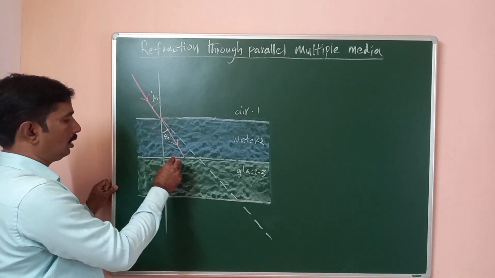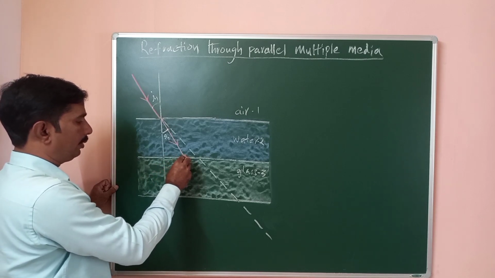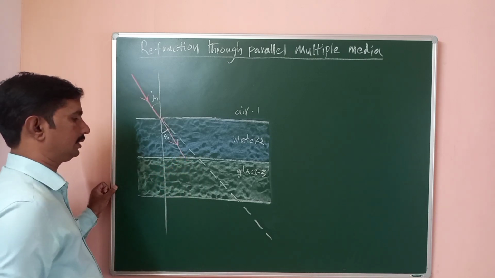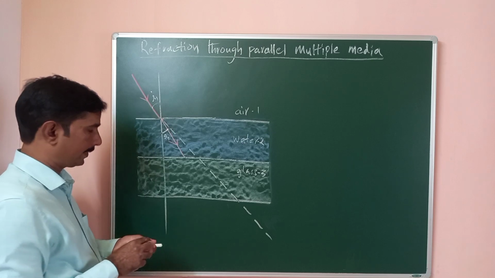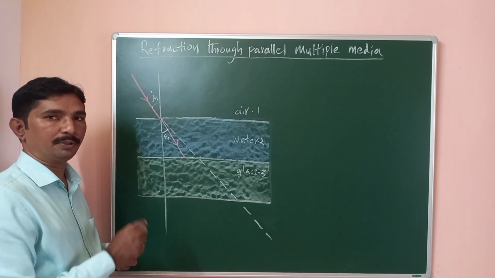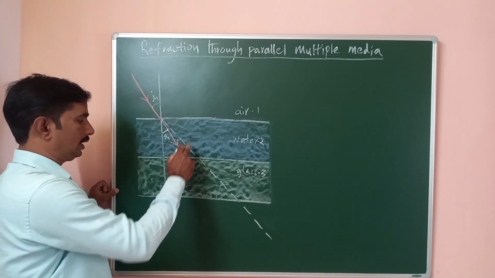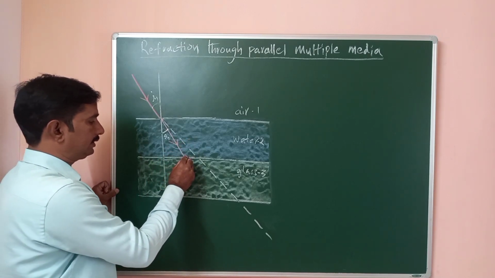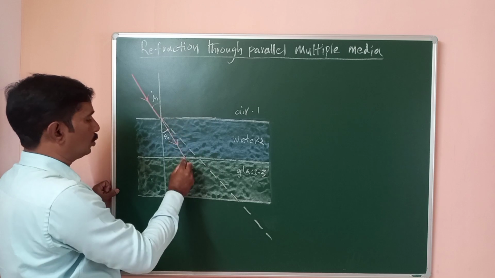Now this ray will meet another surface, that is the surface of the glass slab. At this surface again there is a change in medium. This side is water and this side is glass. At this surface we have to draw one more normal.